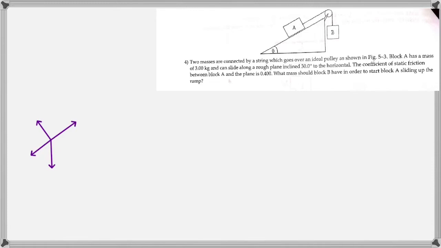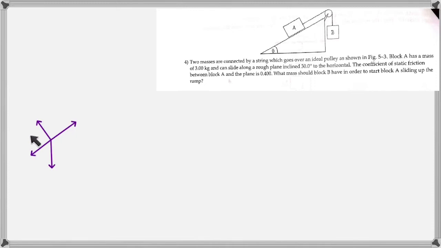In this case, we fix our X and Y axes with the X-axis along the ramp and the Y-axis perpendicular to it. Because of that, three of the forces are either along the ramp, which will be along the X-axis, or perpendicular to the ramp, along the Y-axis.